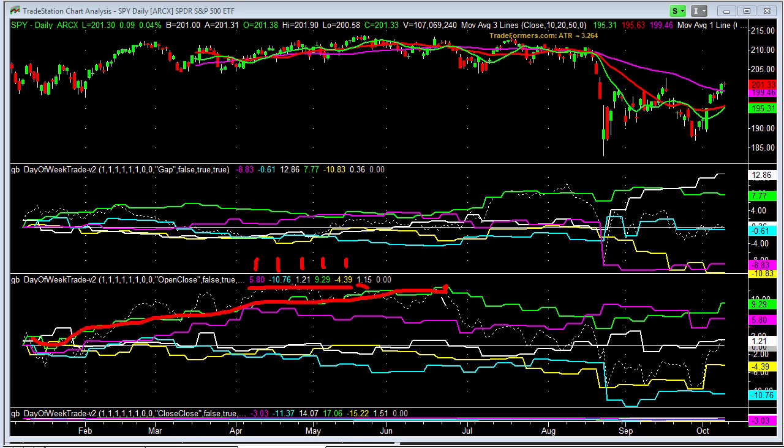And during that time, the gap into Thursday went from being a tendency to gap up to a slight tendency to gap down. And then around July, it started to tend to gap up and then to trend down during the day.